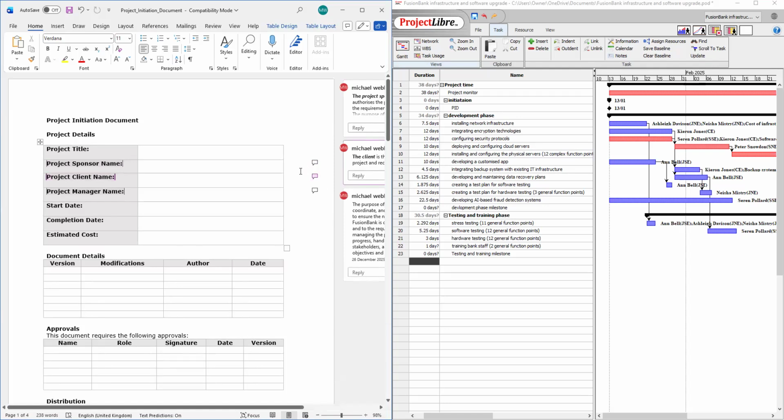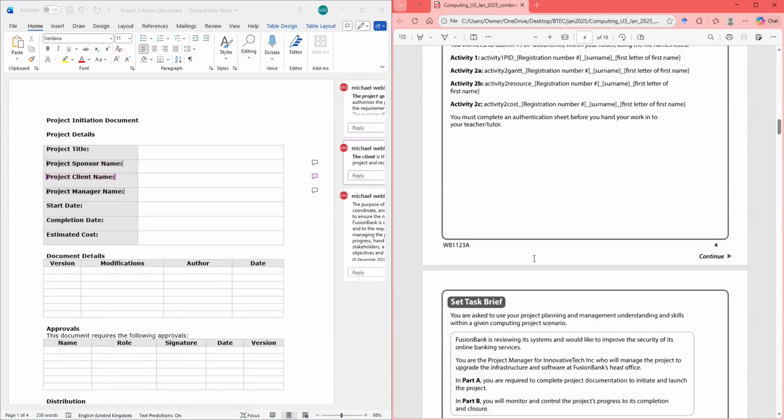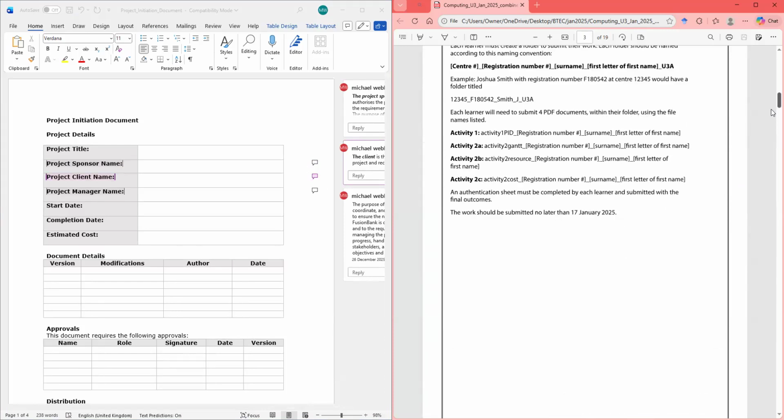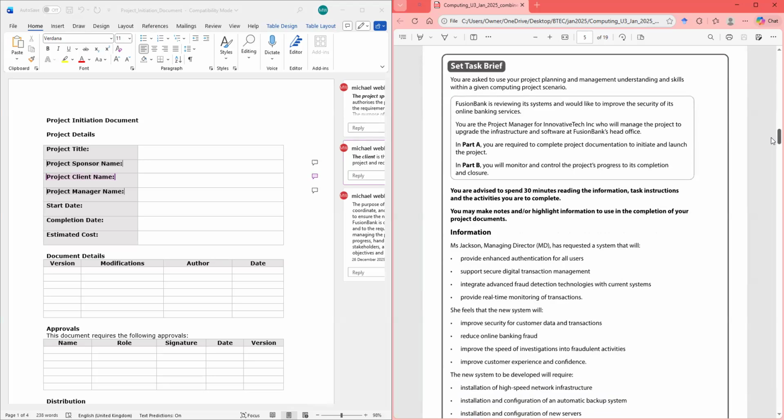All right. So now we're going to look at our set task brief. I've already done my half an hour on it, so I might be moving faster than usual because I've read it, right? All right, let us talk what they want.